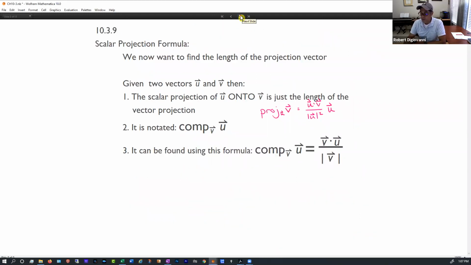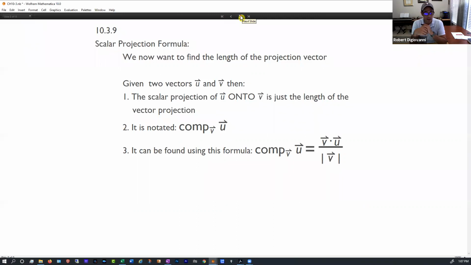So when we do a vector projection, our answer is a vector. Sometimes we just want to know the length of that vector, just how long it is, okay? So there's a different formula to get you the length of the projection vector. Now we have a different name for it.